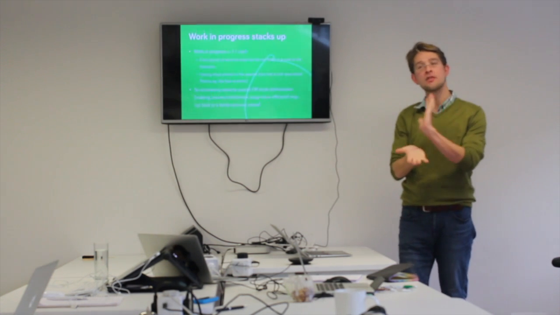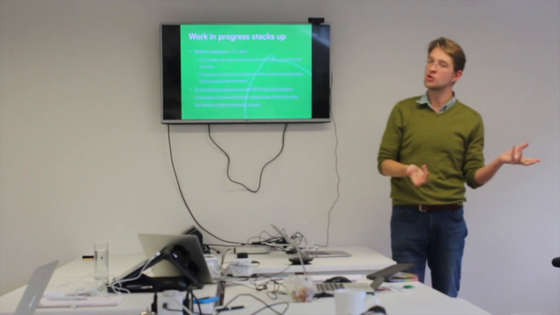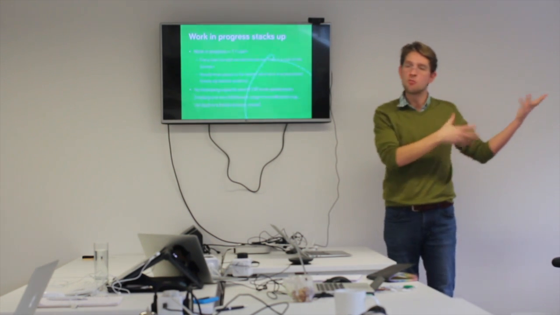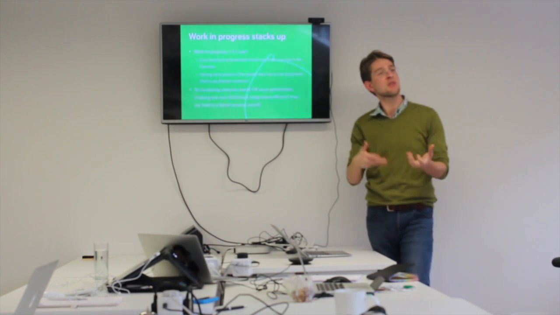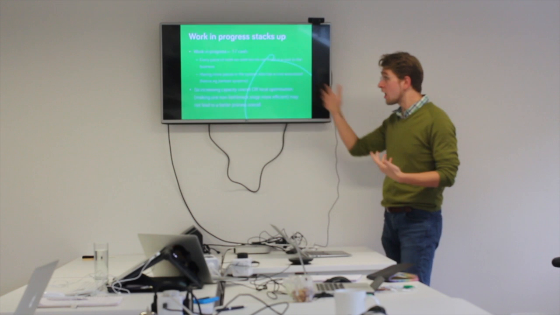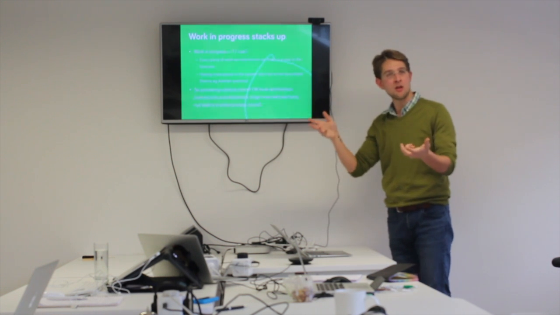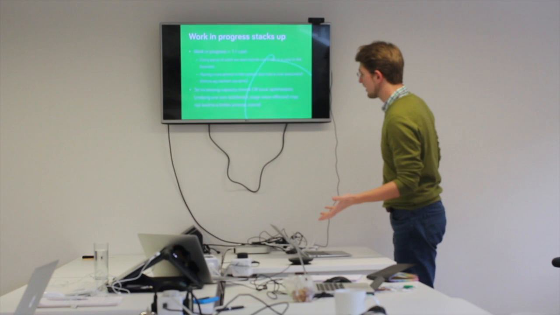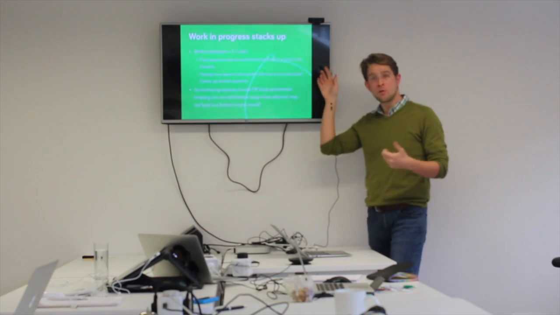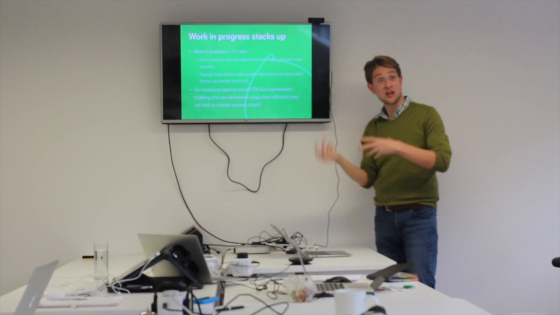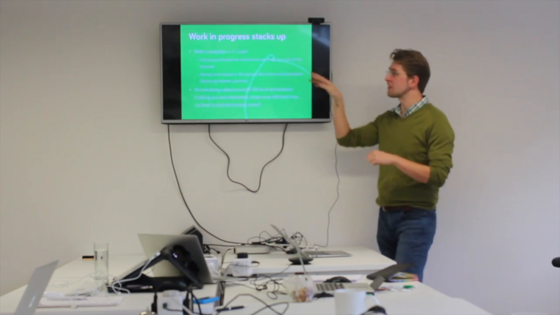Every piece of work that you start but you don't finish is, in a manufacturing sense, raw materials that you convert into something that isn't ready for sale. In a knowledge work context, it's time that you're spending on something that's not yet to the state that you can invoice the client for it. So we want to try and reduce work in progress in order that we can more effectively manage our cash.